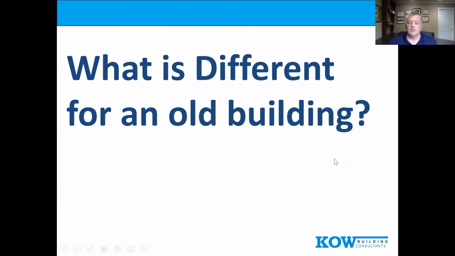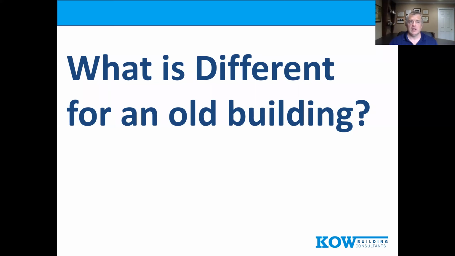All right. So we looked a little bit at our history trail and what they look like outside. But let's get into the details. What is different for an old building? Now, this is not an exhaustive list, but this is as good a list as I can come up with, asking a handful of inspectors as well. Stuff you don't see anymore.